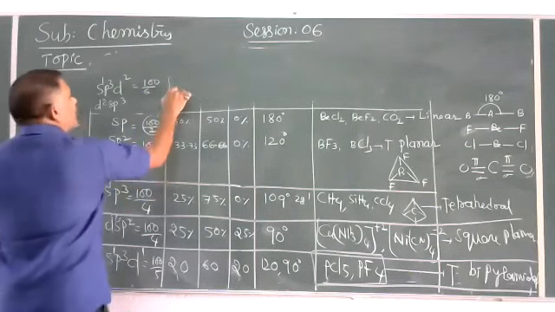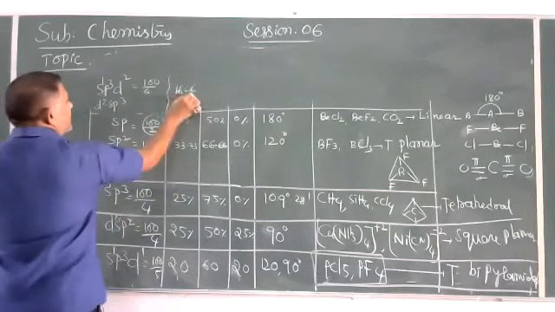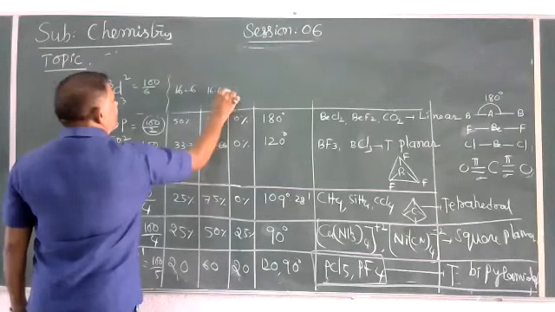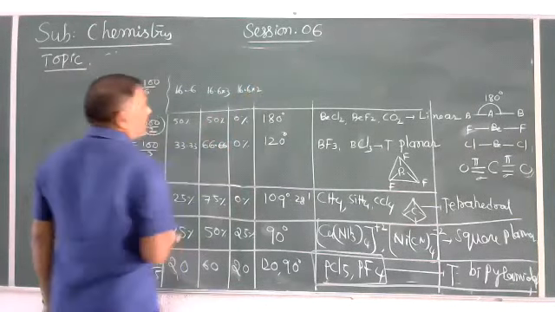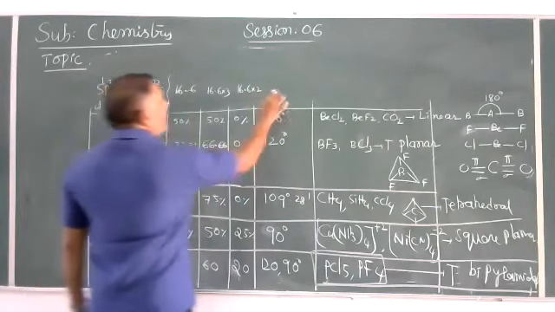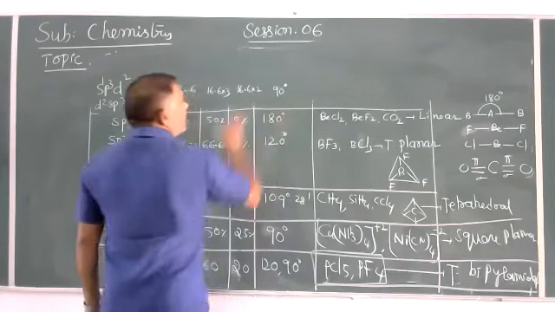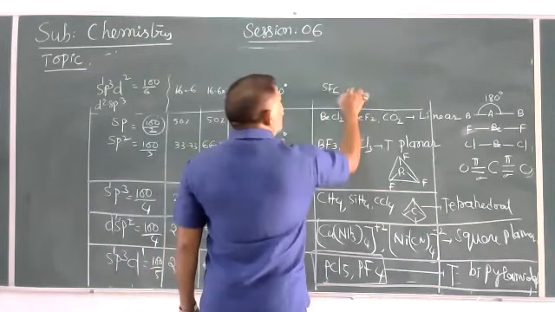Each one gets nearly 16.6 percent. P is 16.6 into 3, about 50 percent, and d is 16.6 into 2. The bond angle is 90 degrees. Examples are SF6 or some complex compounds.